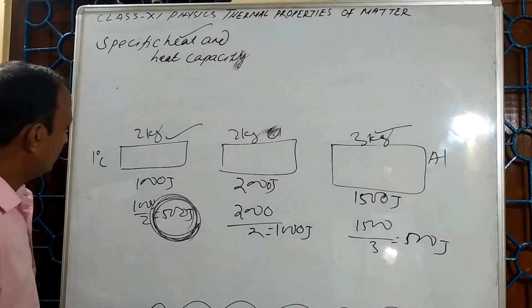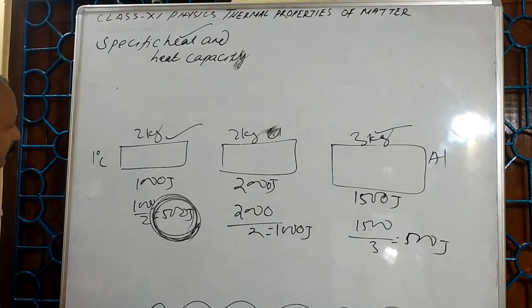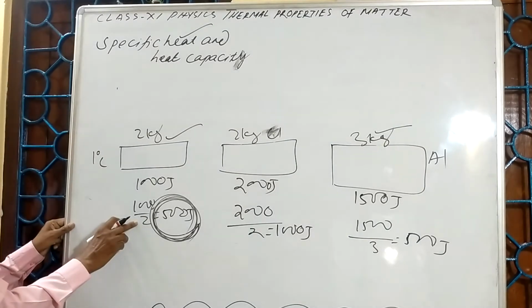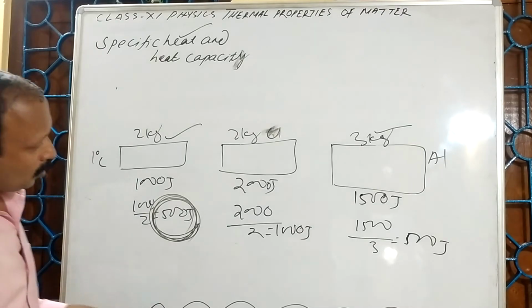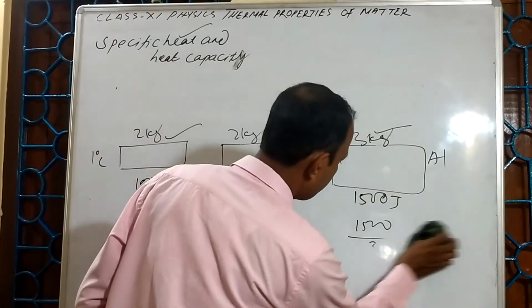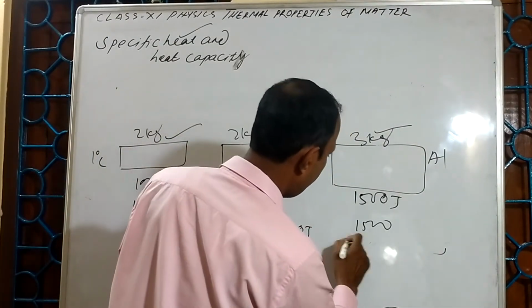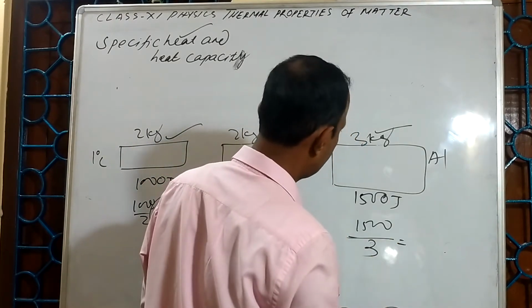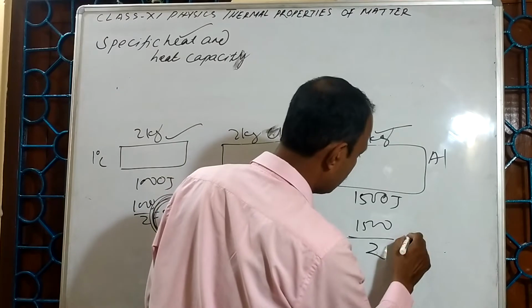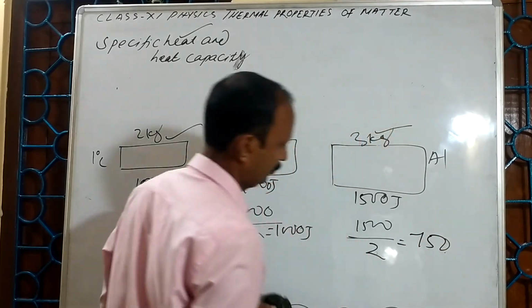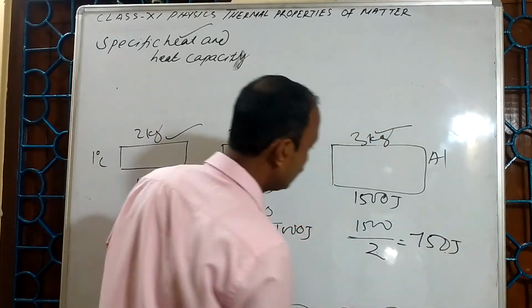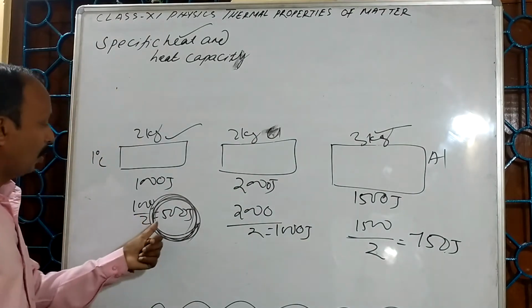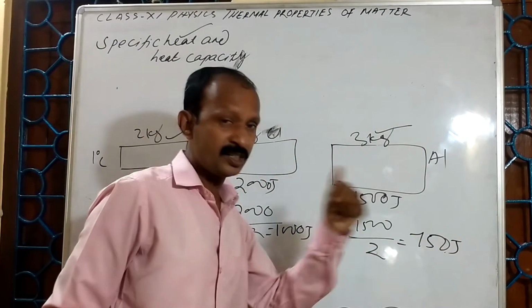What happened here? Okay, see here. A mistake I have made. Here is 3, it is 750 joule. Now, okay, first case and next case are different.